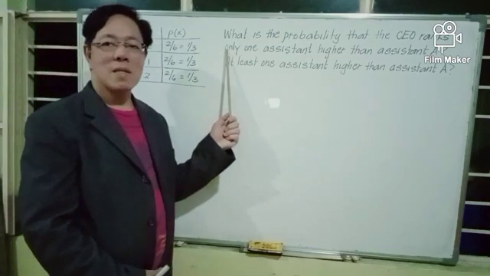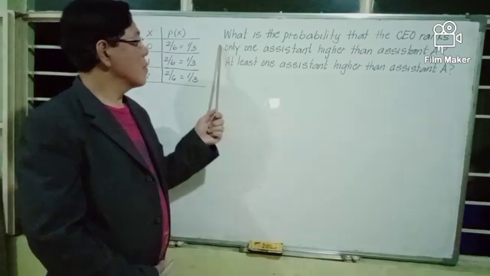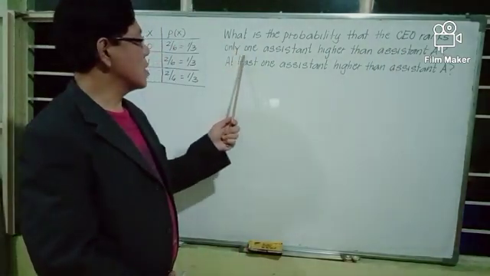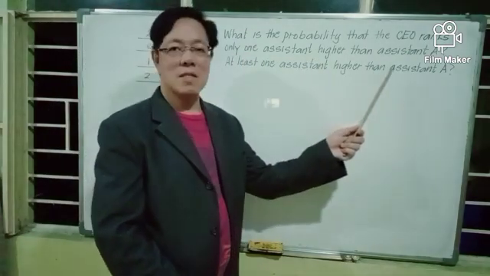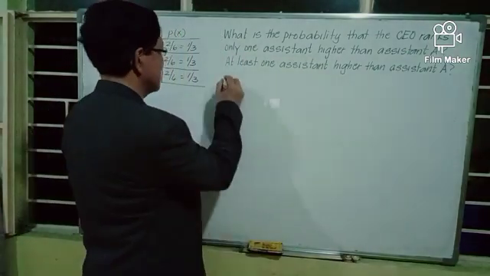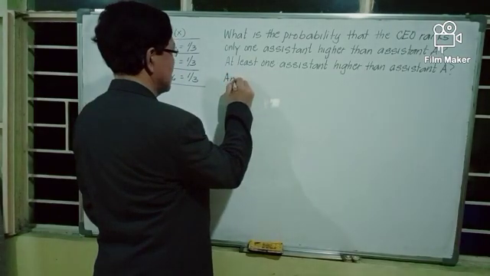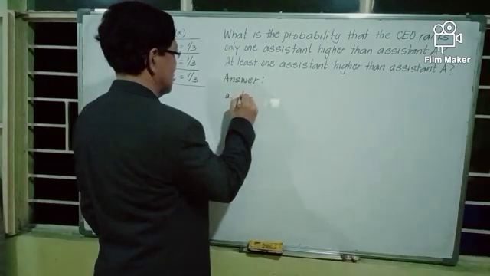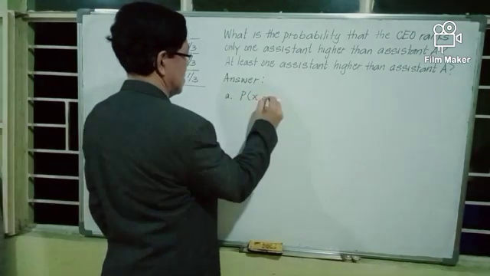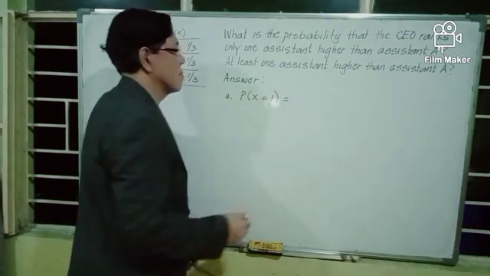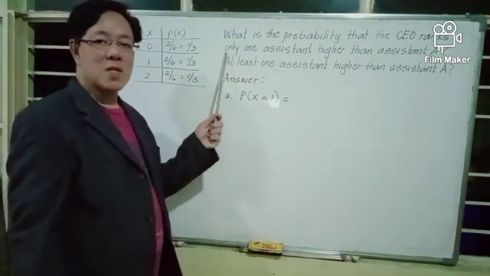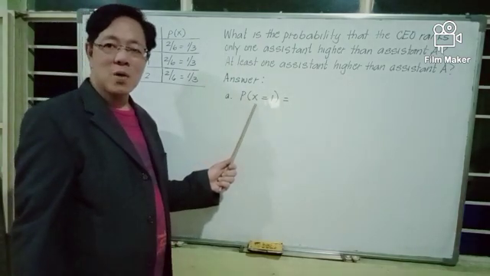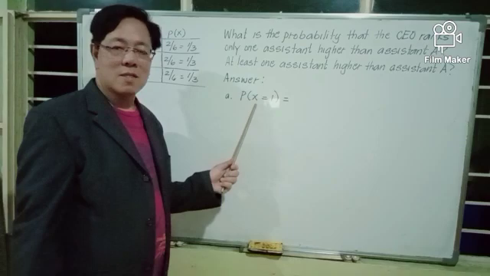Now we answer this question: What is the probability that the CEO ranks only one assistant higher than assistant A? In the first part of the question, we are asked the probability that the value of the discrete random variable x is 1.